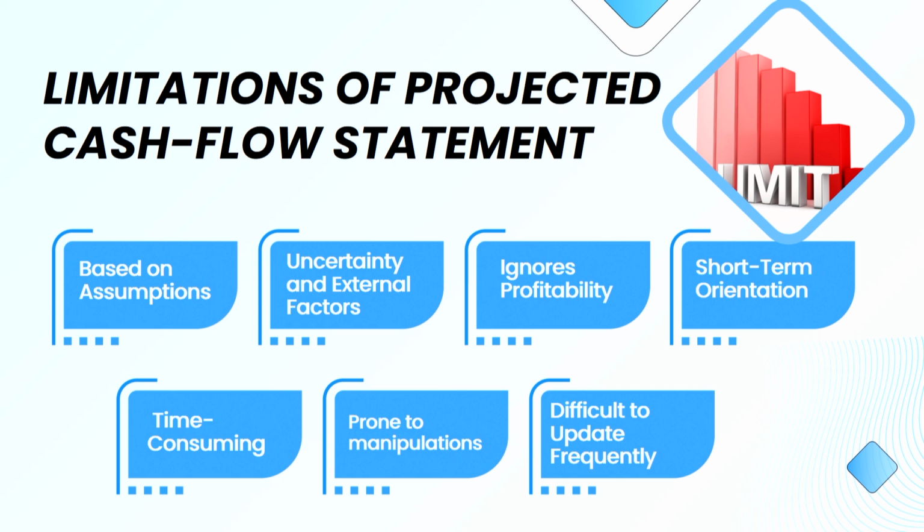Then it is always short term orientation. When you are talking about projection of cash flow, we cannot project cash flow for more than 3 years or 4 years. We restrict our projection to 1, 2 or 3 years at a maximum, for the simple reason that if we go too far into the future, the projection of different activities related to cash inflows and outflows is going to be more and more hazy, and we always end up projecting a cash flow statement which is absolutely astray from the pragmatic orientation.